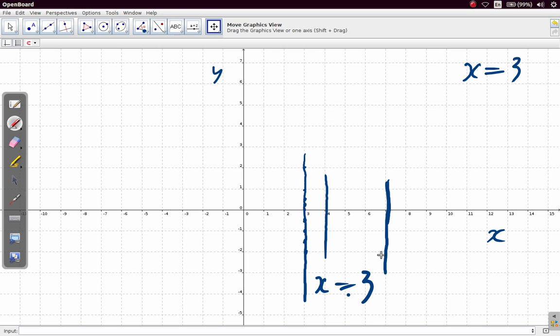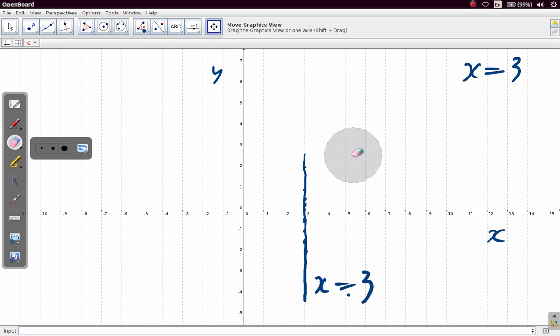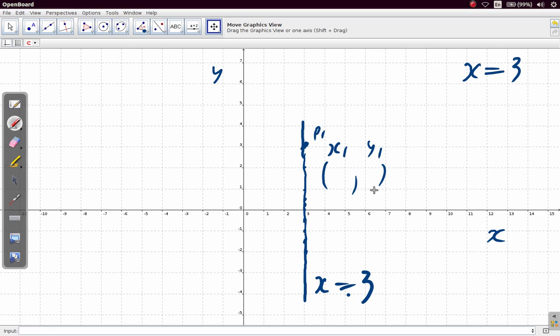The gradient is what? Let's try and figure out what the gradient is. Let's erase this and try to figure out the gradient. Suppose we use our x1 and y1 formula. At this point, this is point 1, where we have our x1 and y1.